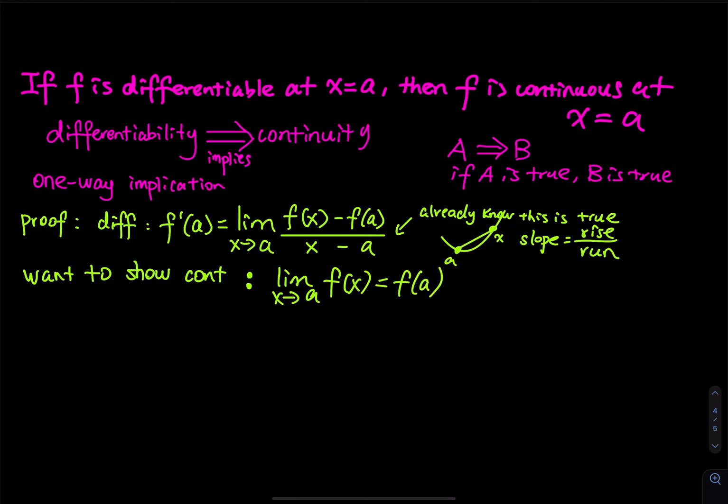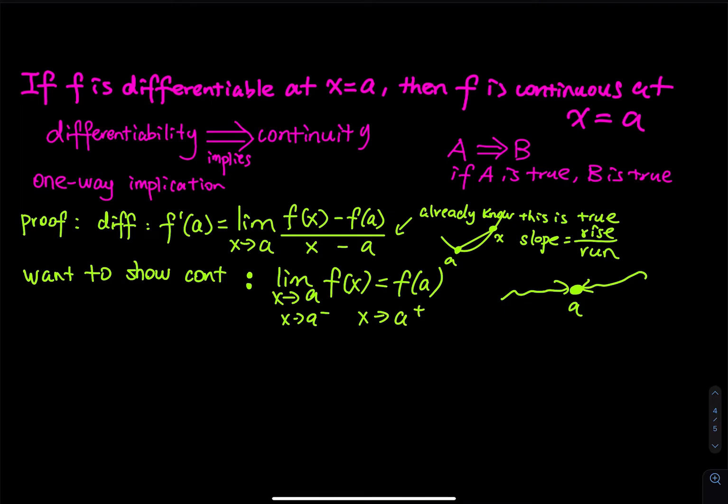So f of a is a solid point, and as x approaches a from either side, the left limit and the right limit stop at the same point, so you can sketch the entire curve without picking up your pencil. That includes x approaching a from the left and also from the right.